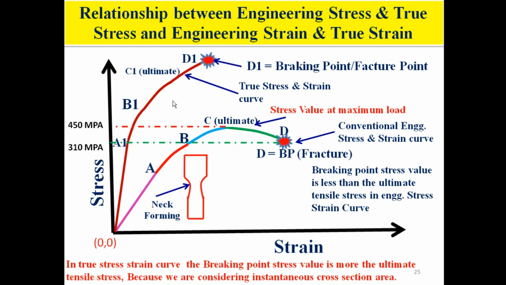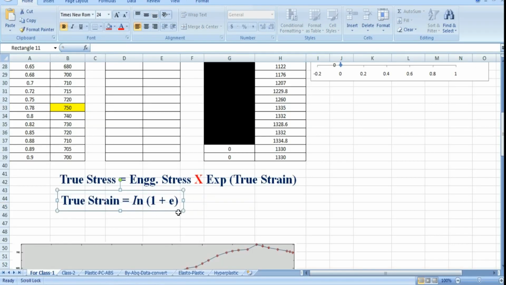So true stress is equal to engineering stress times the exponential of true strain. So first we need the true strain, in order to get the true stress, sigma t. So we need epsilon t. True strain equals ln of 1 plus e.